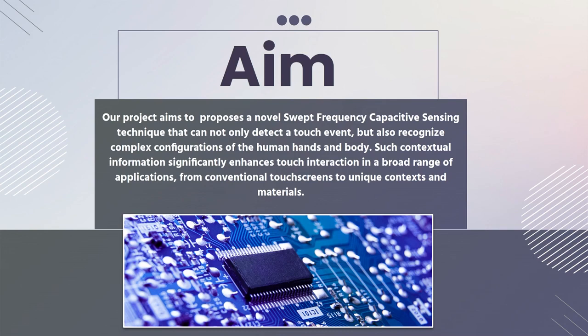So, what is the aim of our project? Our project aims to present a novel method of interacting with everyday objects around us. Using a technology called Swept Frequency Capacitive Sensing, we can not only distinguish between a touch event and a non-touch event, we can also recognize complex and different human interactions, including grasping an object, being near an object, the very presence of an object, and all sorts of different human interactions.